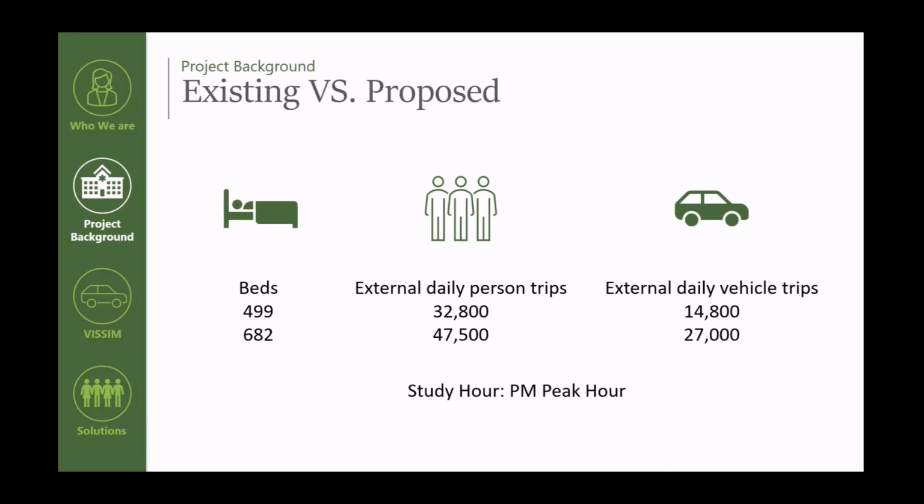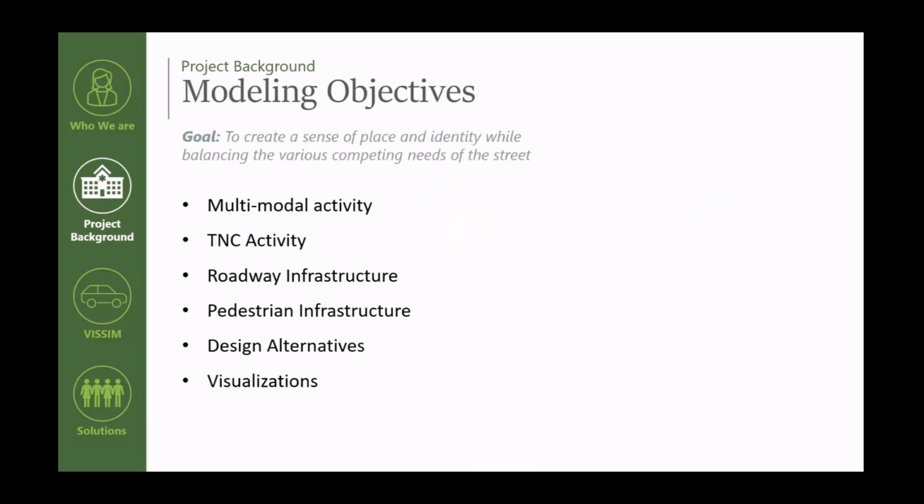We also expect this ambitious expansion plan is going to generate multimodal competition for its very limited transportation infrastructure. So the client is really seeking countermeasures to address the pedestrian safety concerns. And now I'm passing along to Ron, and he's going to share our modeling considerations and Vissim implementations.